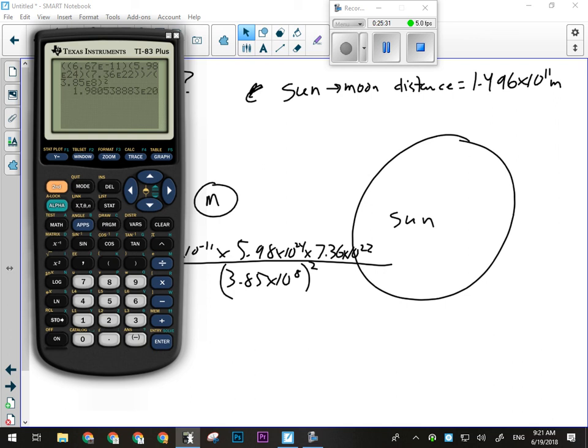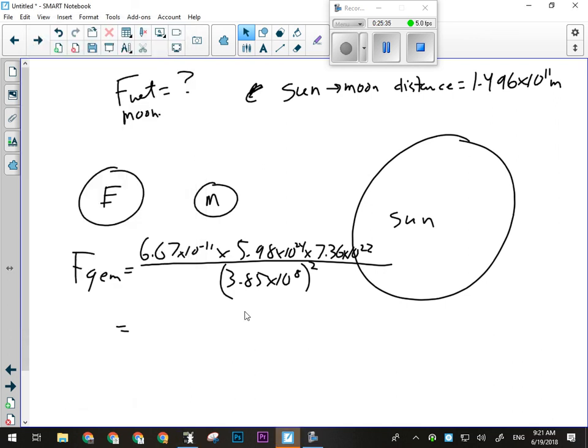So we're looking at 1.98 times 10 to the 20 newtons. That's the force of gravity between Earth and the Moon.